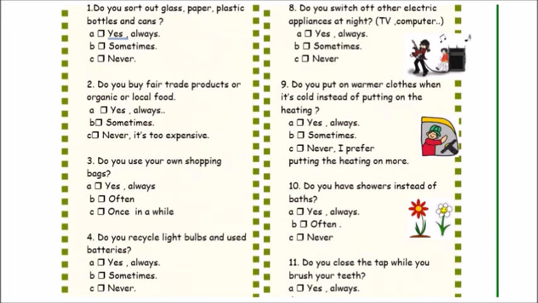So we need to shop locally, buy local products, and also organic.